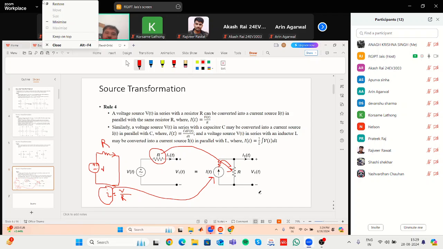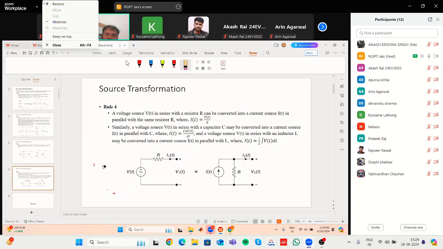Okay. Now, if we have to move from the current source to the voltage source, you have to find out the voltage across this terminal. Again, we know V equal to IR.